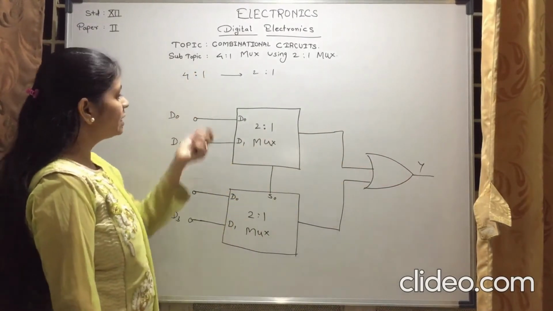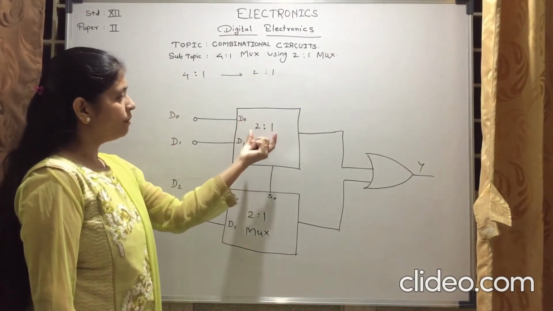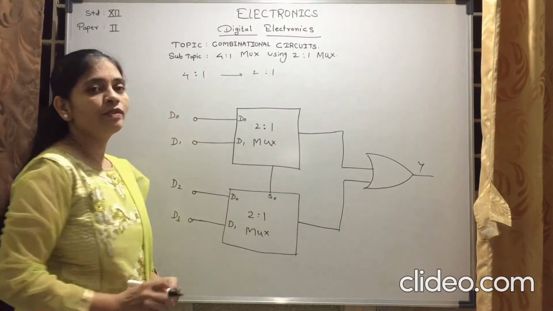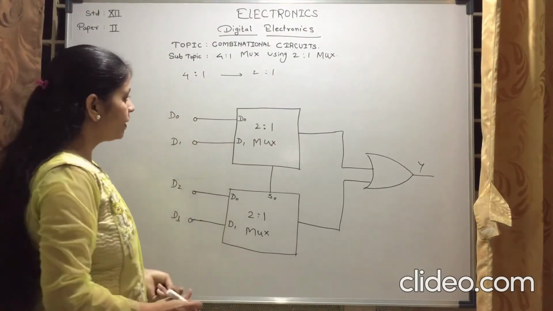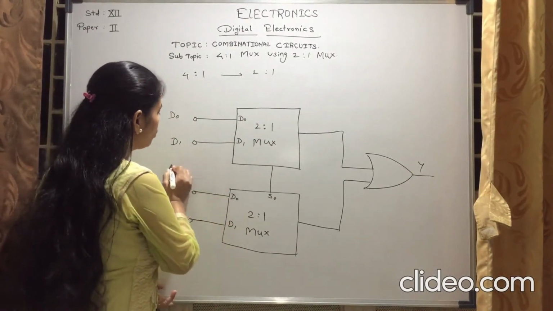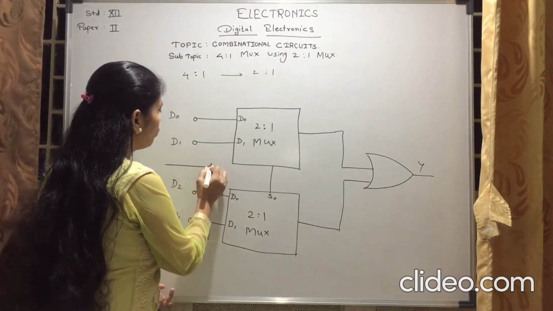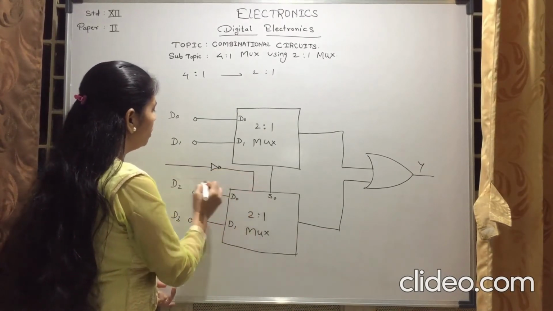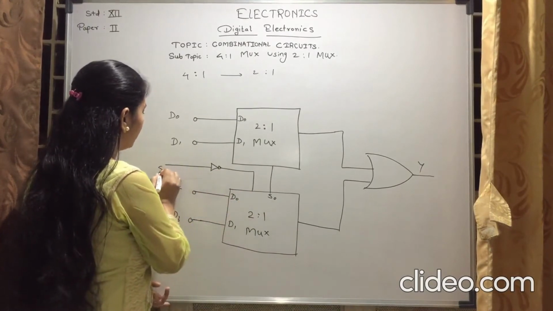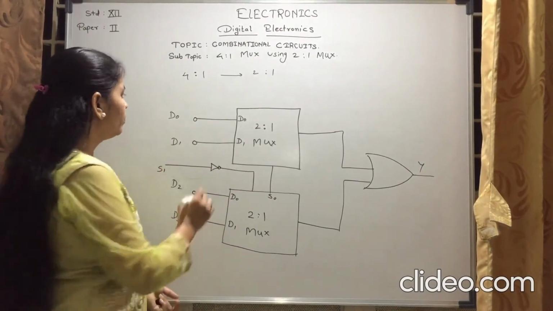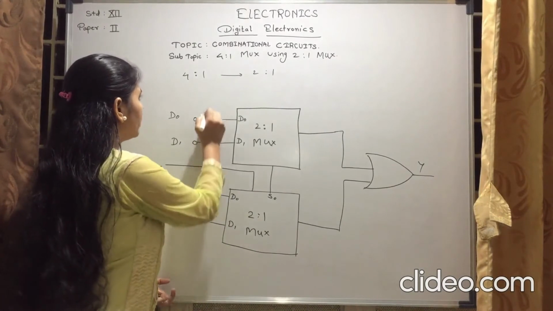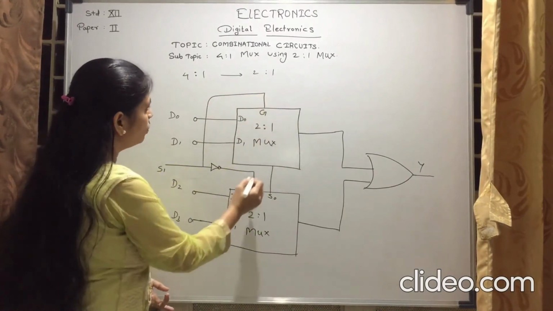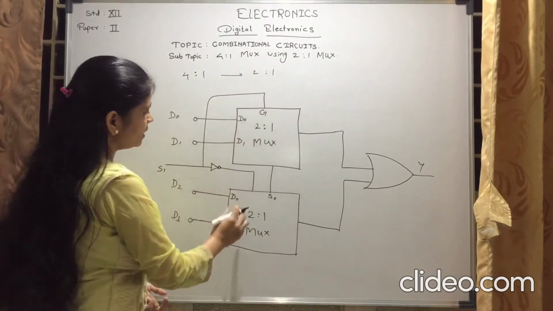Now, what about the select line? In 2 to 1 mux, there is only 1 select line. But in 4 to 1 mux, we require 2 select lines. That's why we have to add 1 strobe line here. So this is your second select line, that is S1. And this line is also connected here. So this is the strobe line to first mux and second mux.